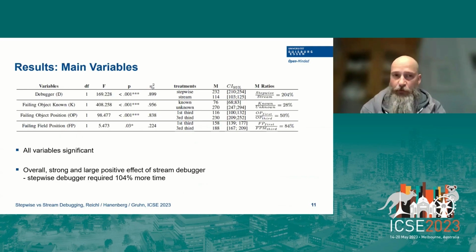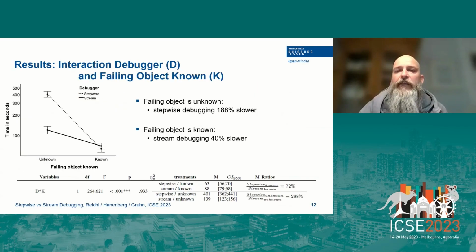So what were the main results? They are not that interesting. It just means all of our variables were significant, and the debugger, as already said, plays a larger role. On average, the stepwise debugger required approximately 100% more time. But the interesting things are the interaction effects.